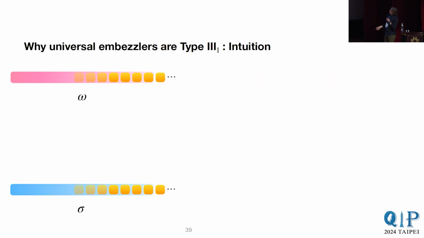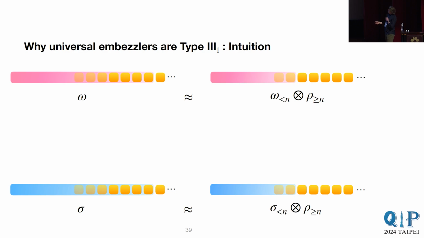Okay, and now let us prove that it's actually type III_1, and this is very pictorial. So what we want to do is, we take this infinite spin chain, we take any two states on it, omega and sigma, and now we want to show that they are unitarily related. So what do we do? We just take out a finite number of states here, then we know that these two are basically the same.